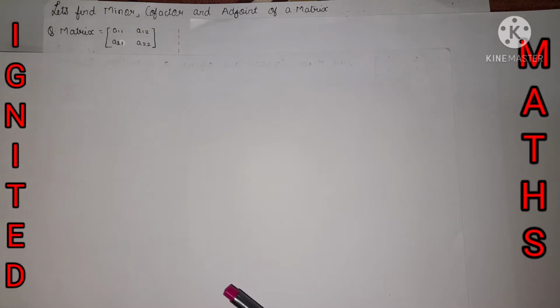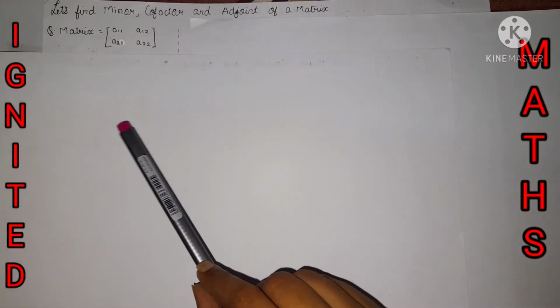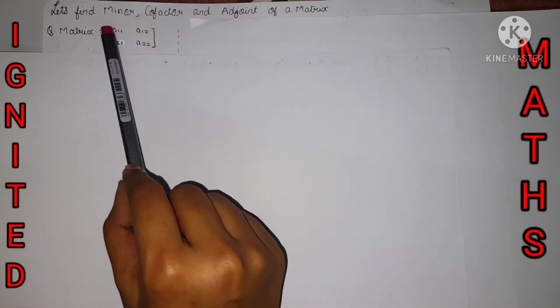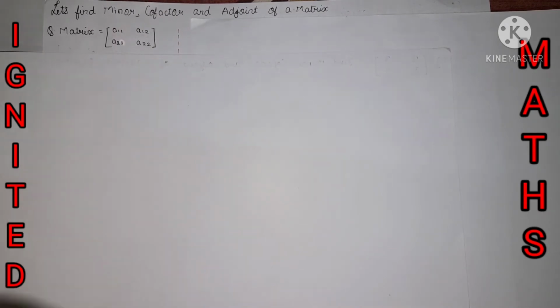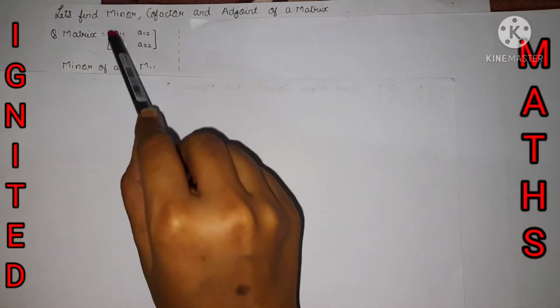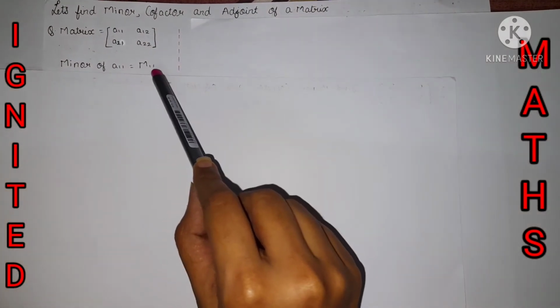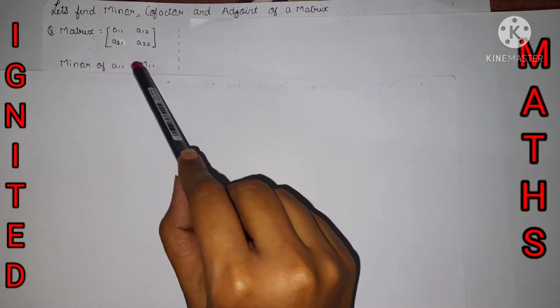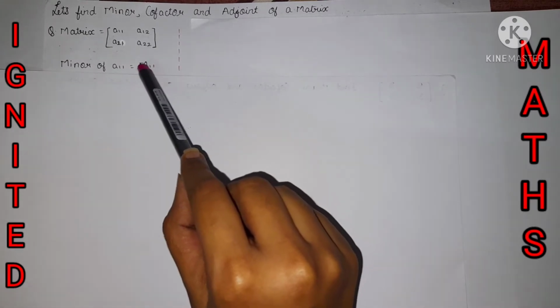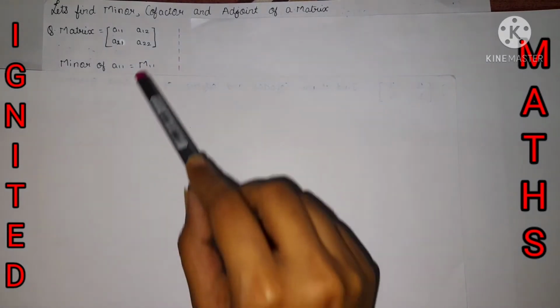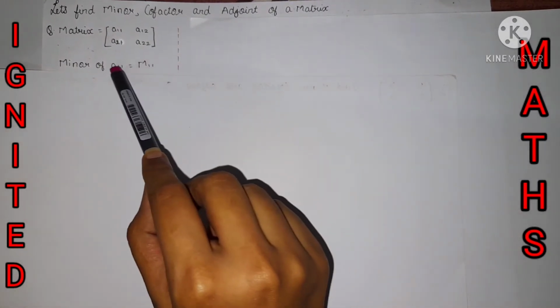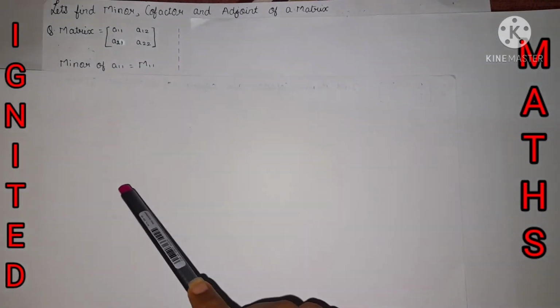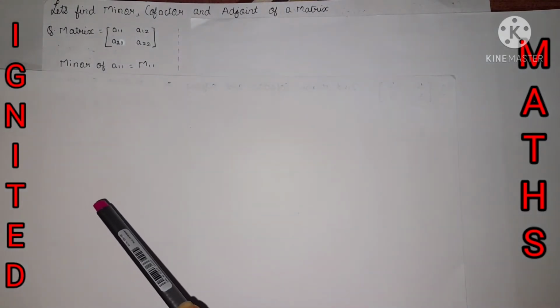Okay, let's start with the minor elements. First we need to start with the first row, first column element, that is nothing but A11. So minor of A11 is equal to M11. The minor element we are going to specify as M. What will be the value of M11?